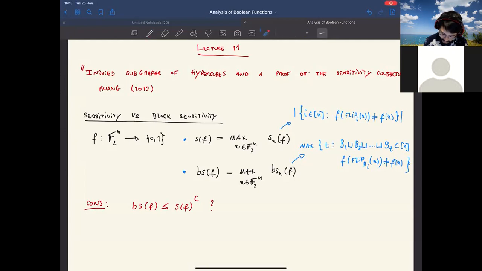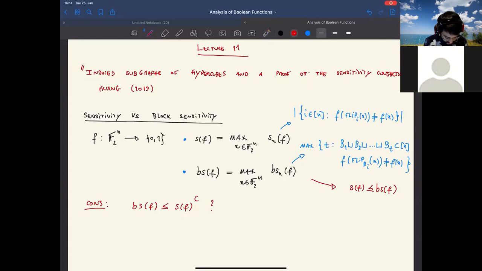Of course, from this definition, and we saw that in the previous class already, sensitivity is less or equal than block sensitivity, because since I'm taking the worst case scenario, I could take the blocks to be just single elements, exactly those coming from the sensitivity of f at the point x. That would be an admissible t, and would give you exactly the sensitivity of f at x. And since I'm taking the worst case scenario, this will happen, okay?